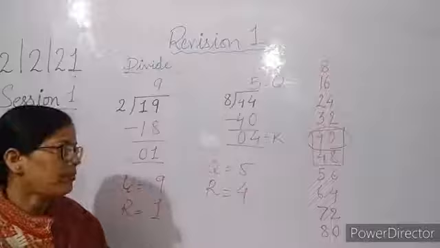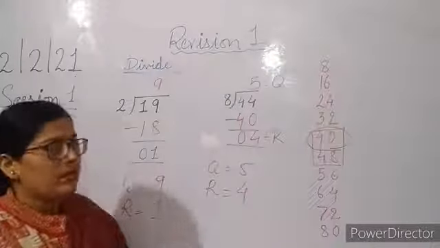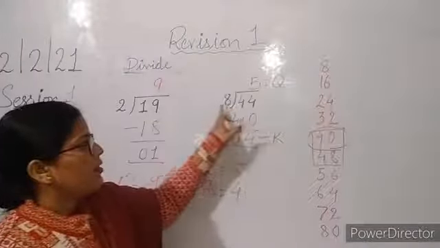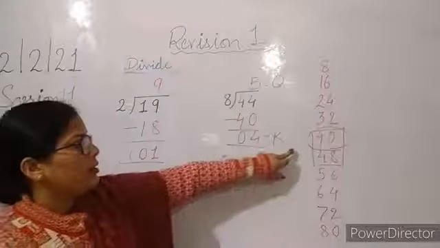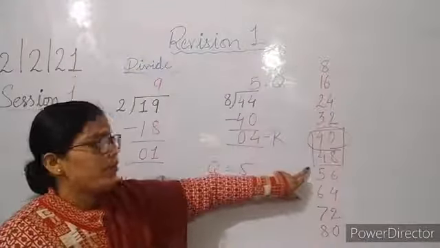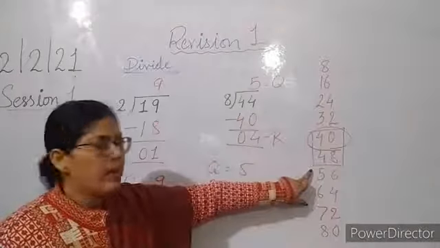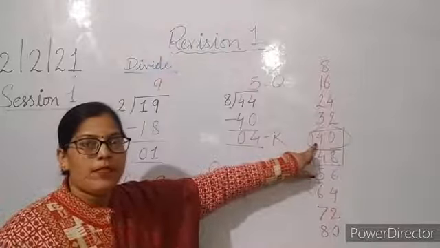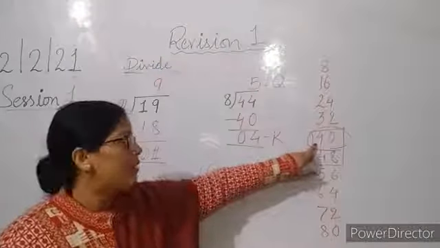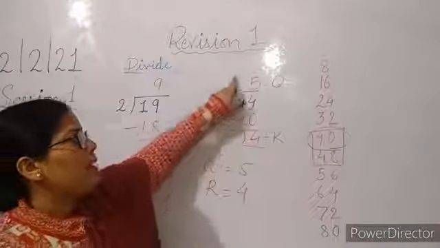For example, again I'm explaining this. In this question, the two numbers nearest to 44 are 40 and 48. So we'll take 40, and by how many times do we get 40? By 5 times. So we'll divide 44 by 8 by 5 times.